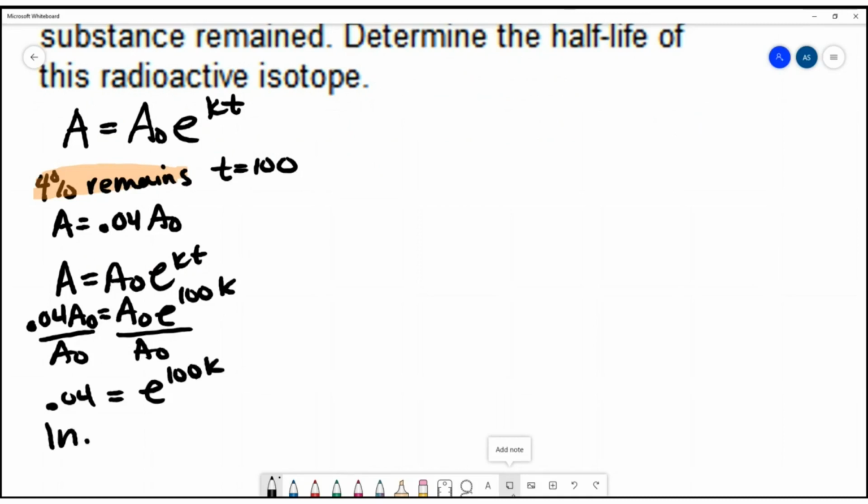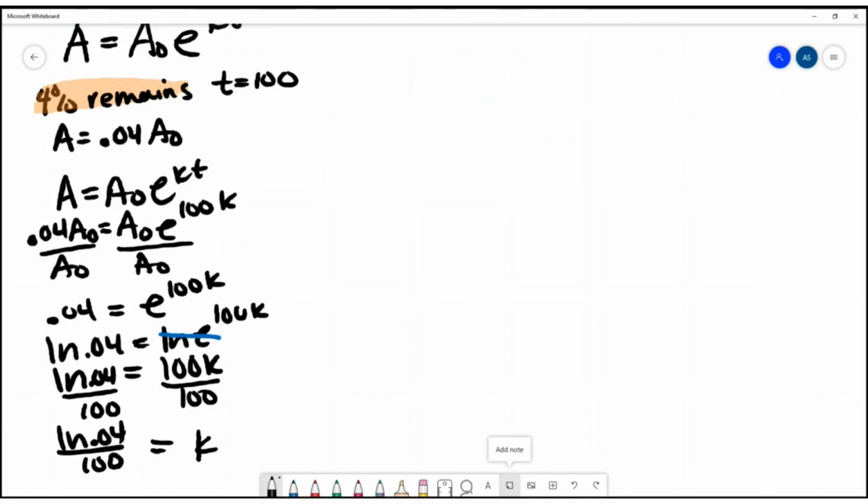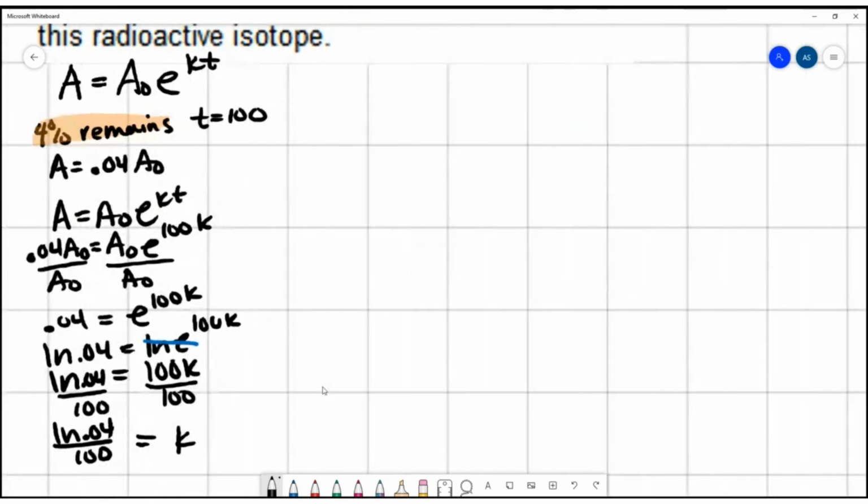I'll take the natural log of both sides. Natural log and e are inverses, they cancel, so we get 100K equals natural log 0.04. Divide by 100, and we have K equals natural log 0.04 over 100.